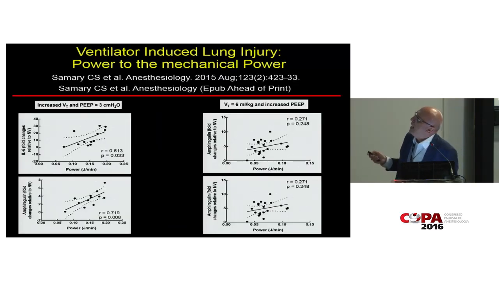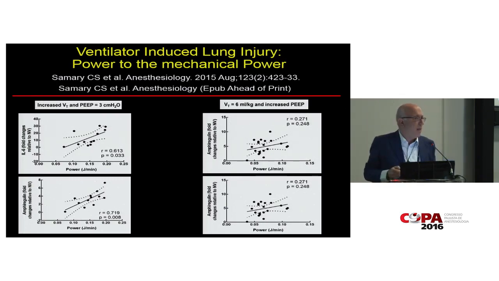These are very nice data from Patricia Rocco's lab, and you can see here in animals interleukin-6, which is an inflammatory mediator, and amphiregulin, which is a biomarker associated with the amount of stress of the alveolar cells. You see a very good correlation of both of them with the amount of power, so energy related to the respiratory rate.